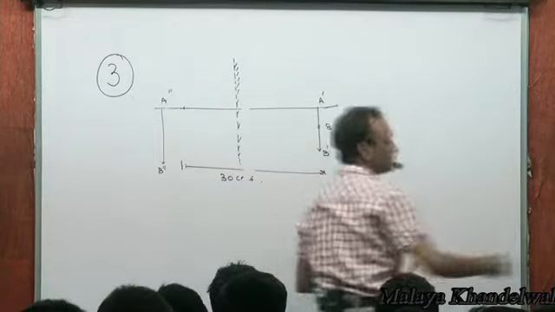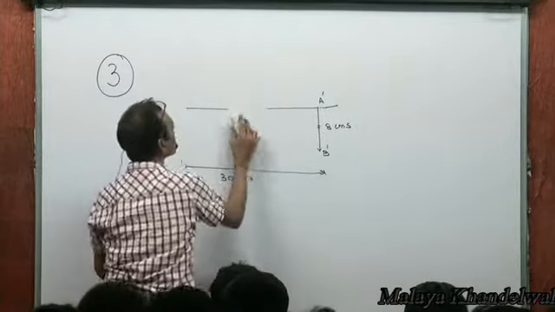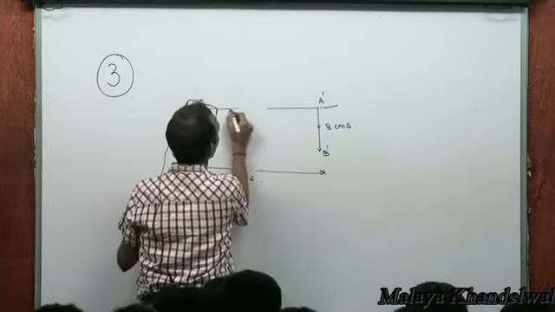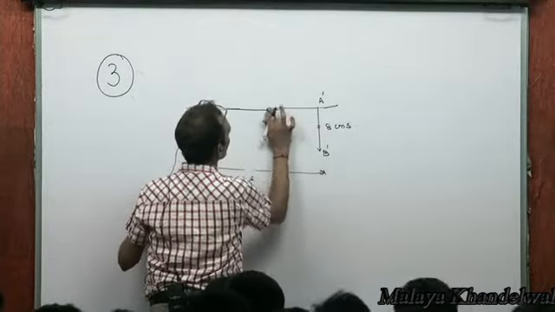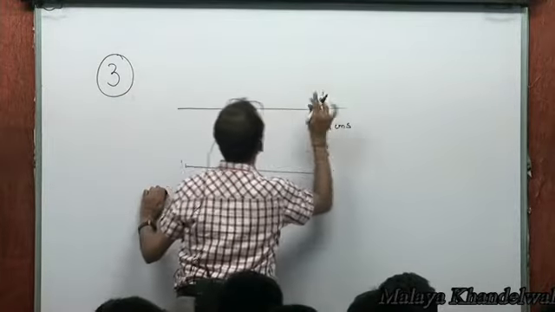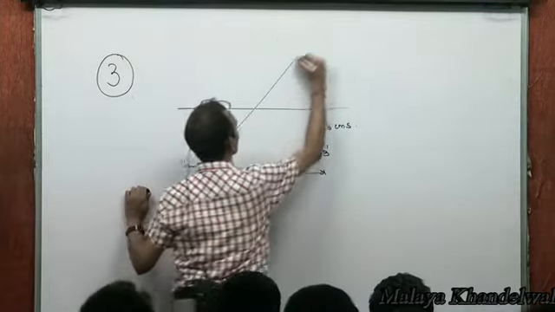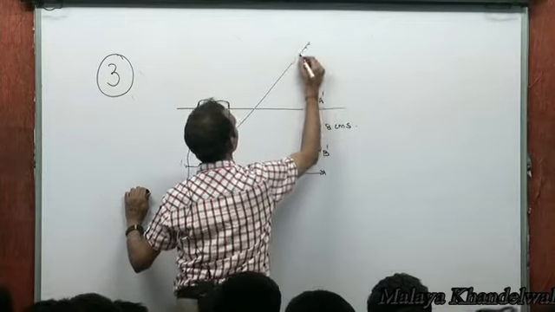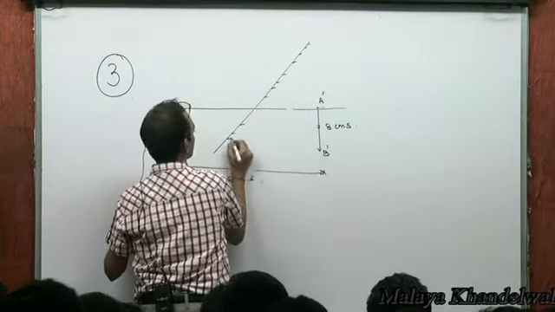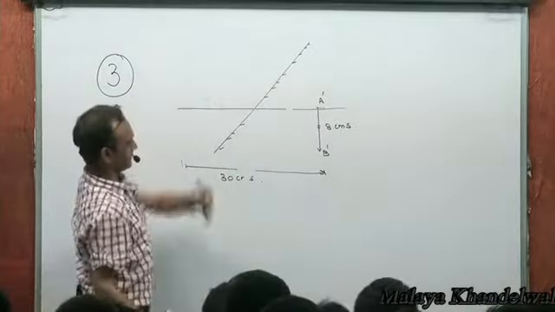Which means, now, if this was the mirror, rotated by 45 degrees, then the image, which was originally like this, would rotate by 90 degrees.